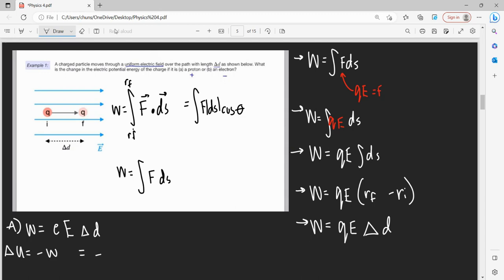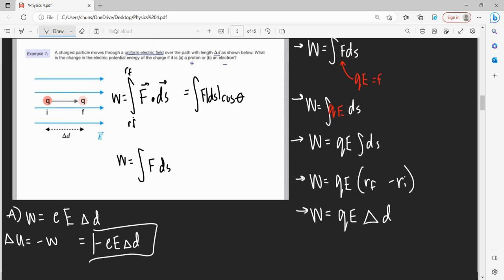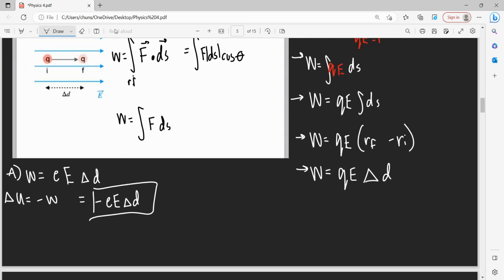So then this would be negative e, electric field, change in d. For an electron, it's the same process, except we have a negative elementary charge times electric field and change in distance. So then that makes our electric potential energy equal to positive e, electric field, and change in d.